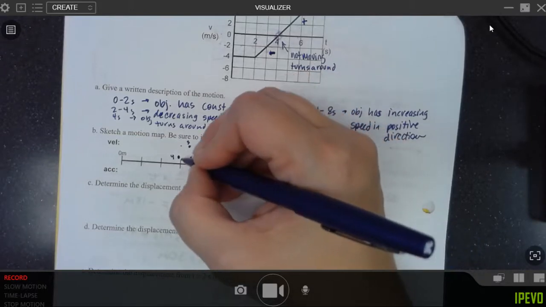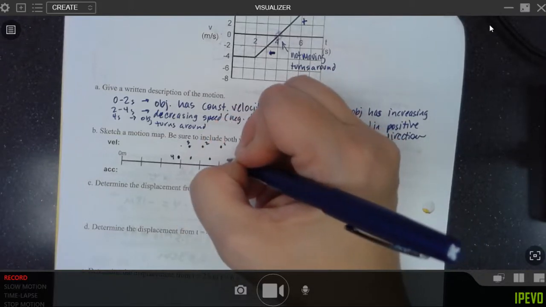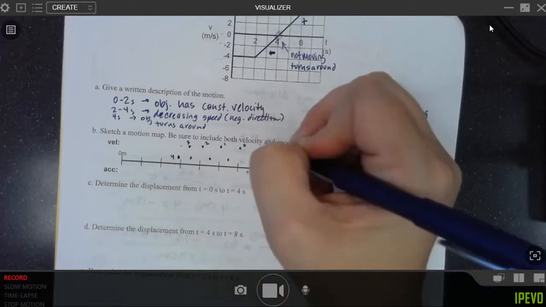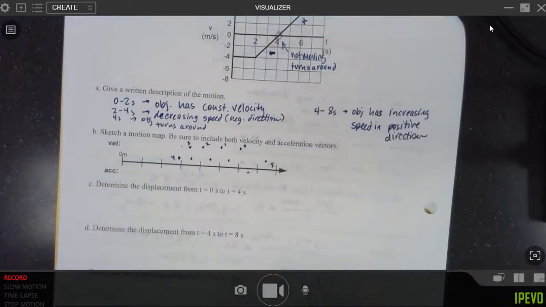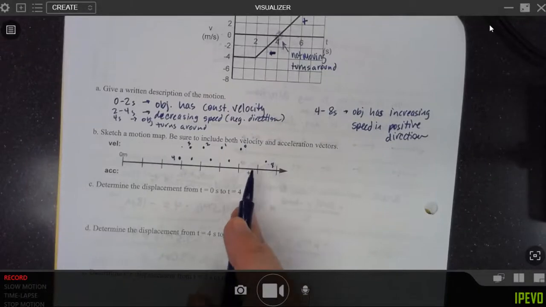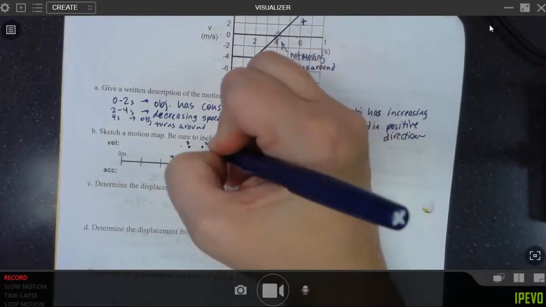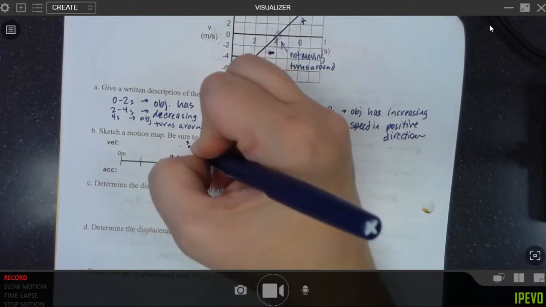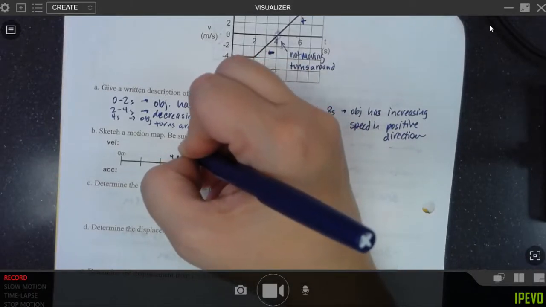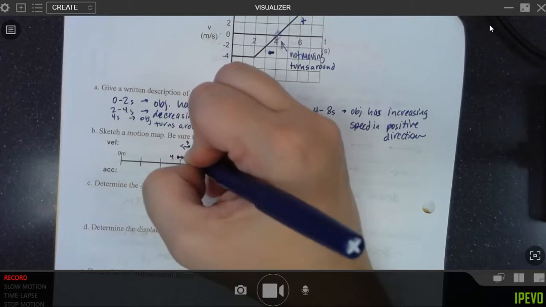Let's see, half, 1.5, 2. So it should be something like that. So I actually end up farther away than I started. For my arrows, I'm going to draw my arrows halfway between the dots. Slows down and then speeds up.